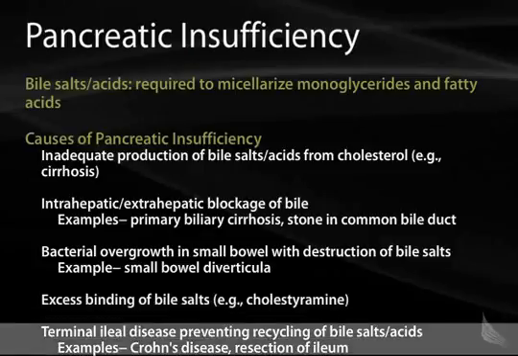And if there's terminal ileal disease which prevents recycling of bile salts and acids, this occurs typically in Crohn's disease, which is most commonly found in the terminal ileum. If there's inflammation of the terminal ileum, or resection has had to take place due to stricture formation, recycling of bile salts does not occur, and therefore insufficiency is present.